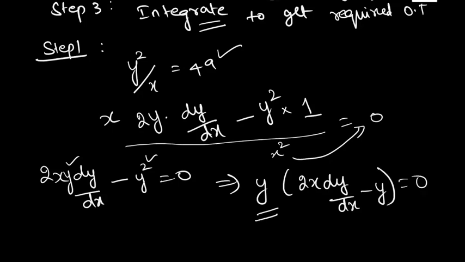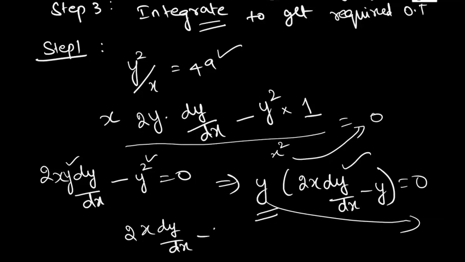Obviously we know y is not equal to 0. Then only this value should be equal to 0, or you can take this y to the denominator, 0 by y. You will get 2x into dy by dx minus y is equal to 0 by y, so it is 0. Now what we have in our hand is the differential equation of the given family.